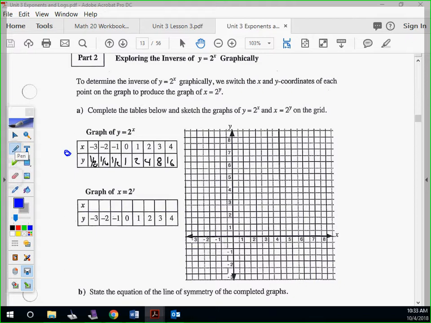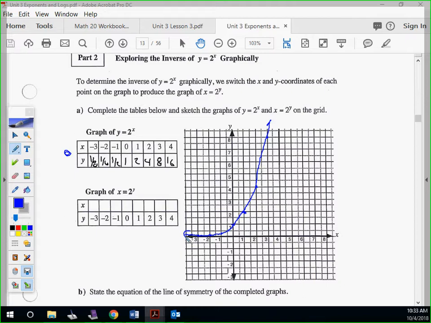So we got 1/8, 1/4, 1/2, 1, 2, 4, 8. So here's the blue line. That's what 2 to the x looks like.